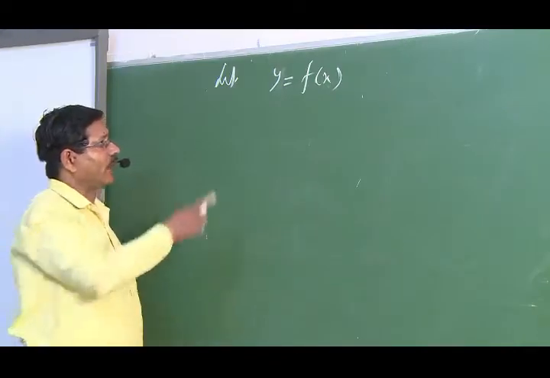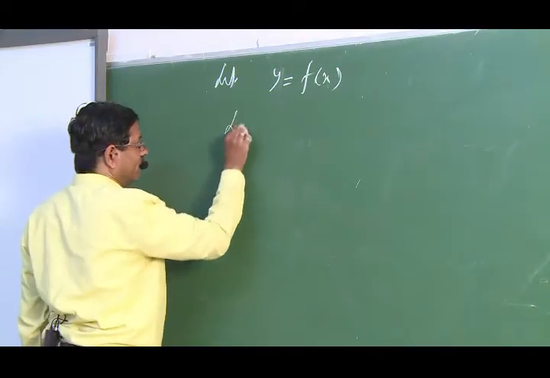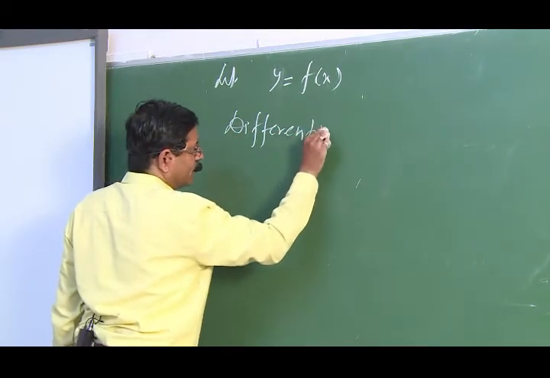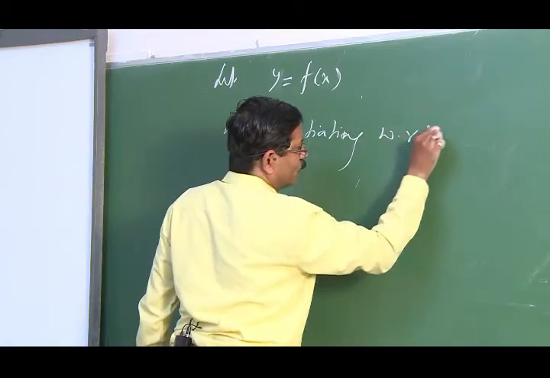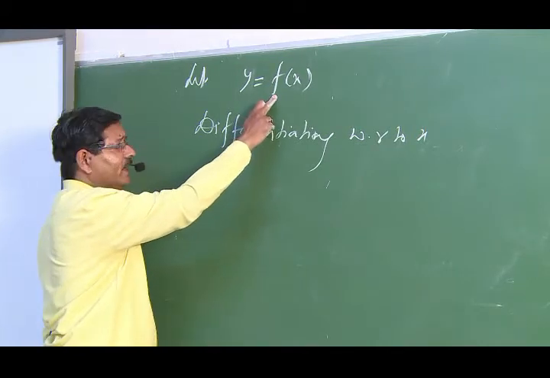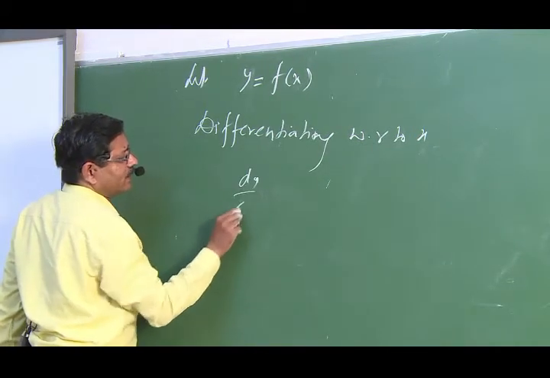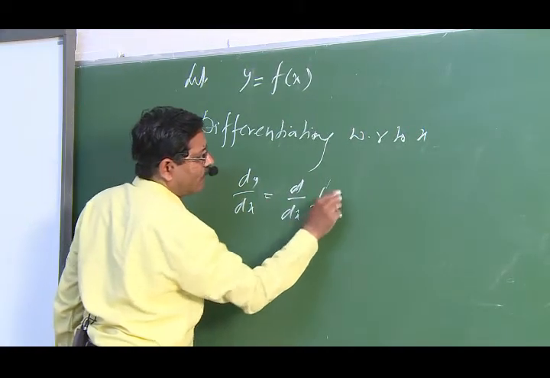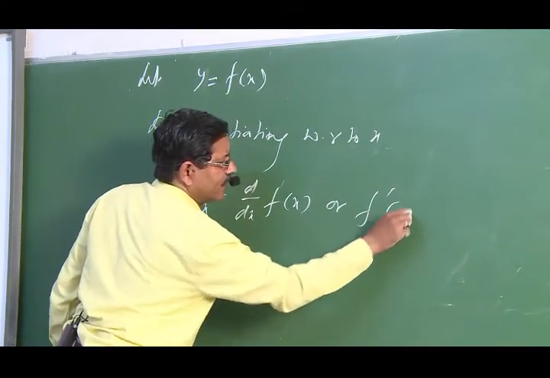Okay. Now let y = f(x) be any real valued function, then differentiating with respect to x, where f(x) is a function of x, you will get dy/dx = d/dx of f(x), which is also denoted as f'(x).